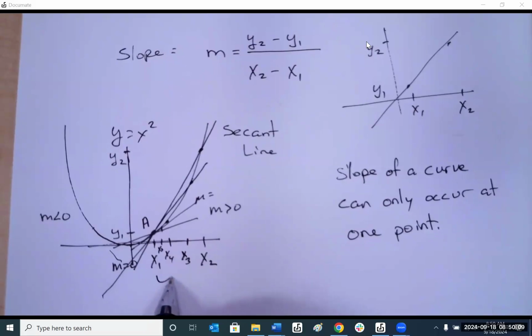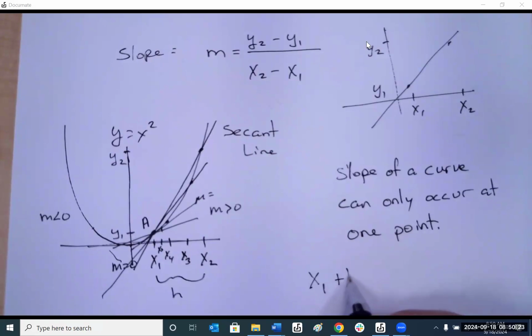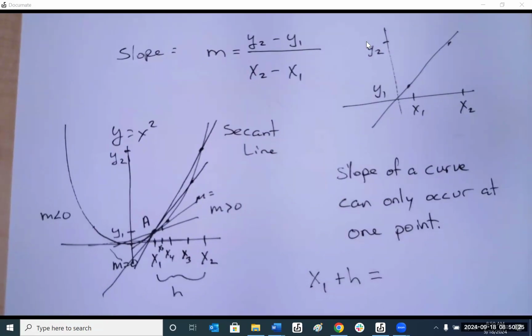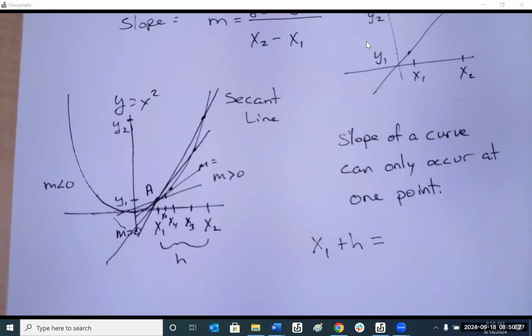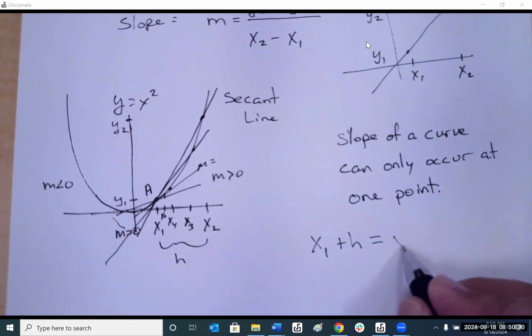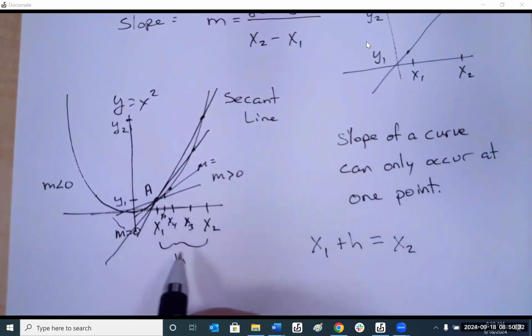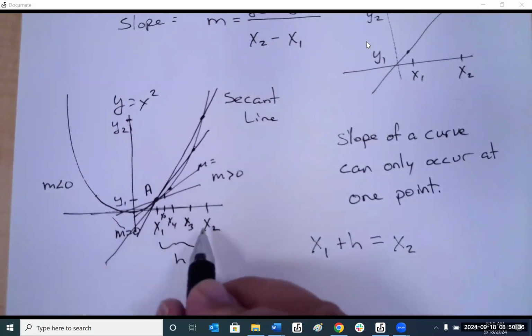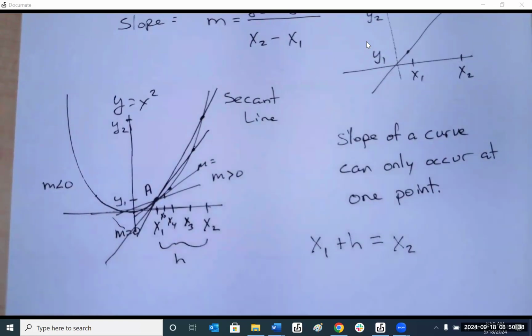We call the distance between these x points h. What does h represent? Well, if I start off at point x1 and I add h to it, where do I get to? I get to x2. If h is this long and x1 starts here, if I add them together, I end up here.